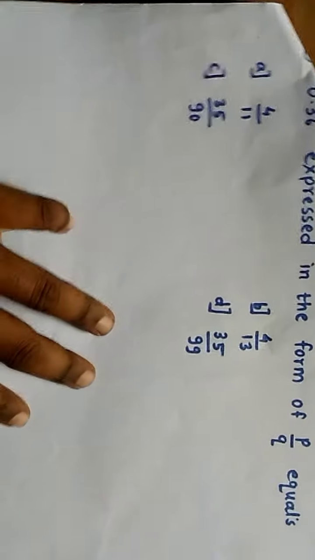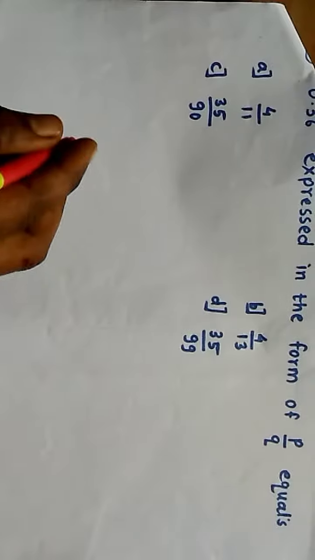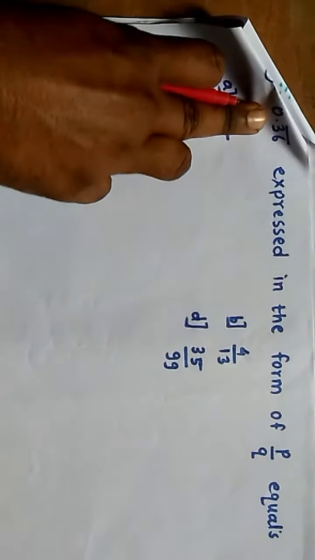Next question. So the question is 0.36 with bar expressed in the form of p by q. This is of the type recurring decimal, the pure recurring decimal.